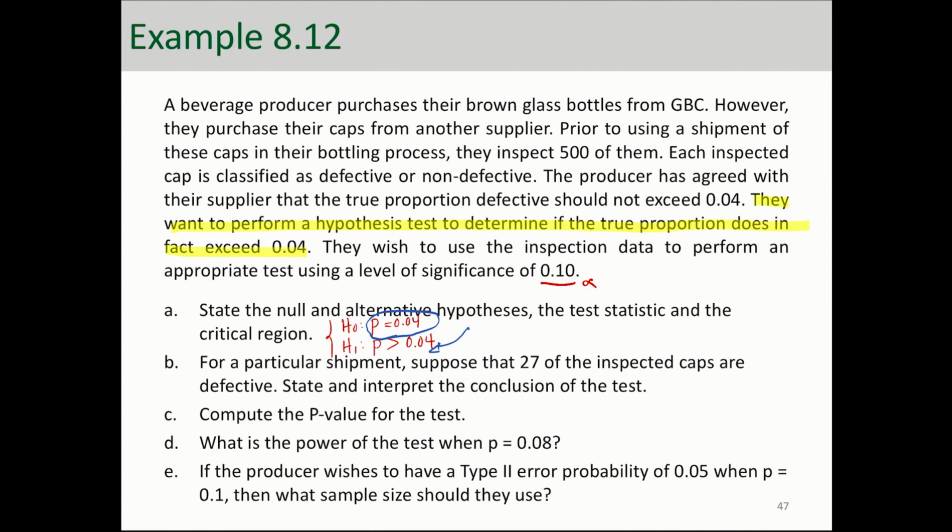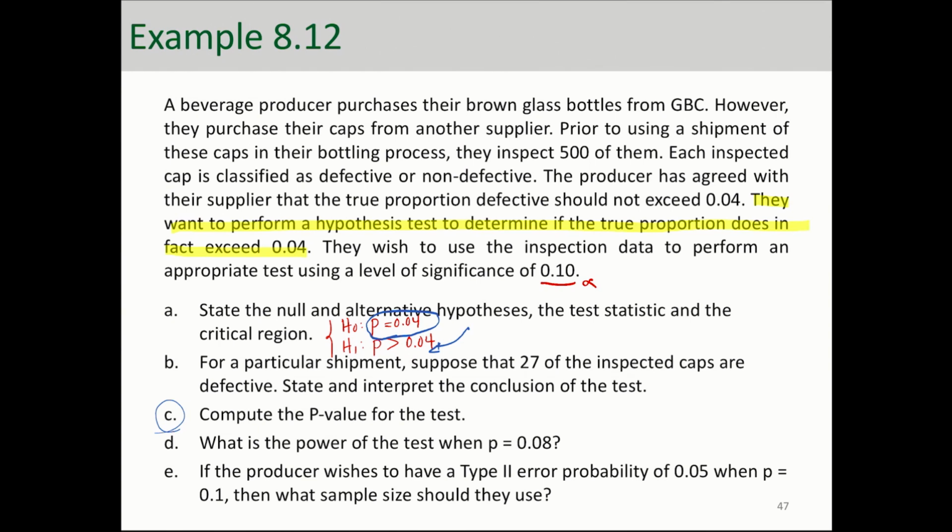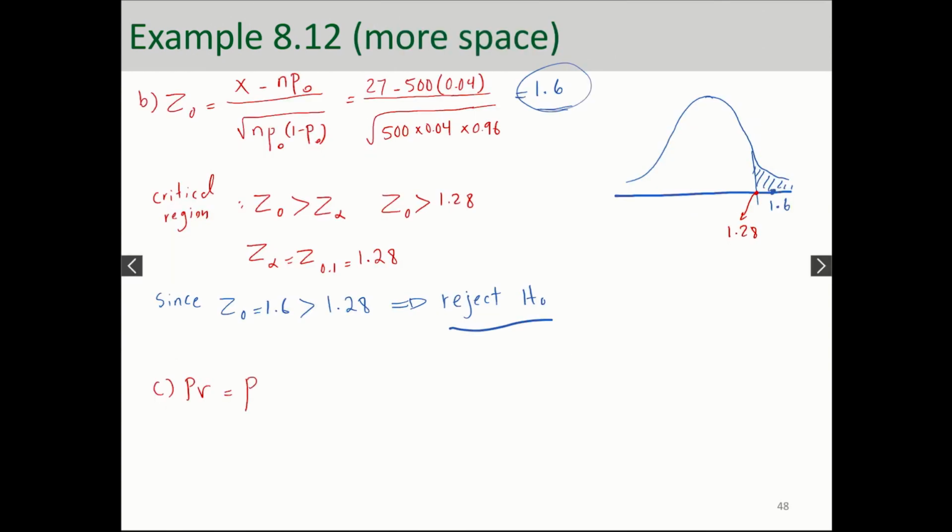That's what happens. We could conclude the same using the p-value, computing the p-value of the test. If you remember, and you can take a look at the hypothesis testing reference guide PDF on Blackboard, where you can calculate the p-value, for a one-sided test that we have here of type greater than, it is equal to probability of z greater than z score, and that means probability of z greater than 1.6.